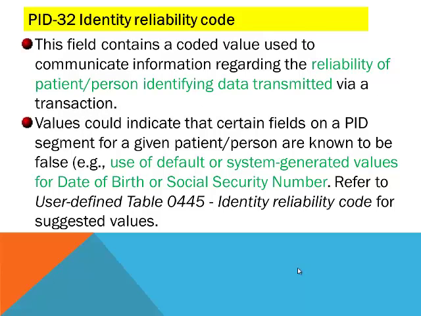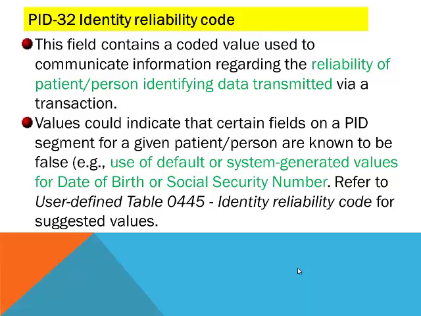So another field is the PID 32 field. This field is identity reliability code. What is this code used for? In fact, this field contains a coded value used to communicate information regarding the reliability of patient identity data transmitted via a transaction.